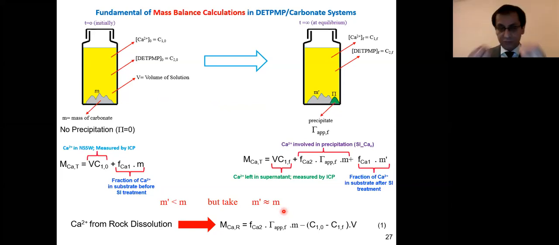So as I mentioned before, when the scale inhibitor contacts the carbonate, it can be dissolved.